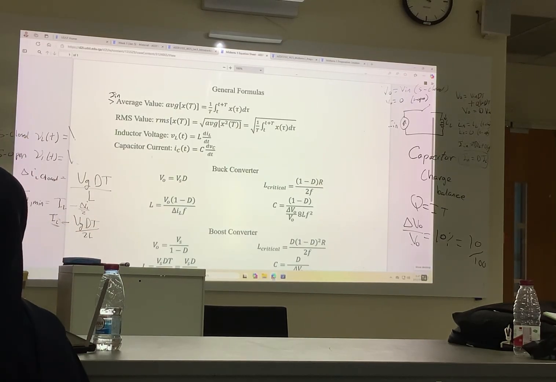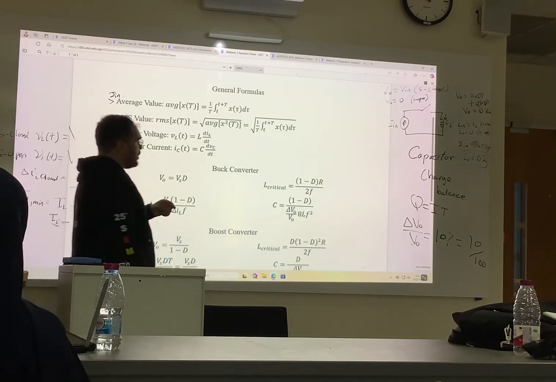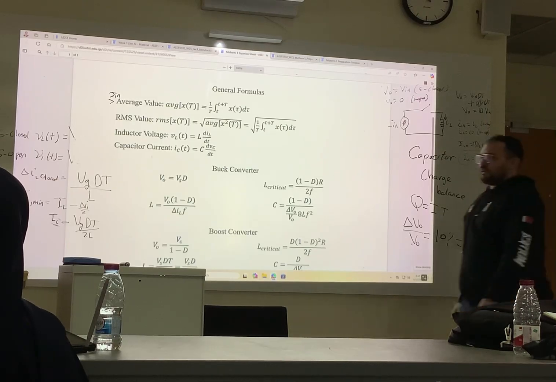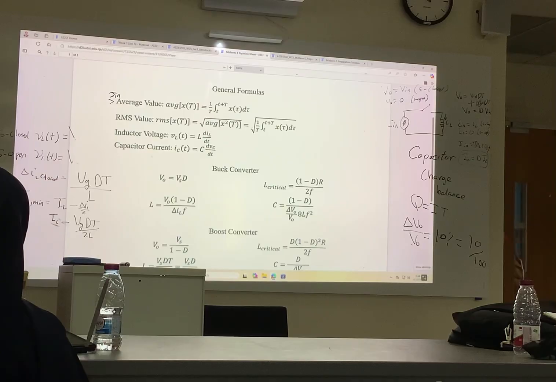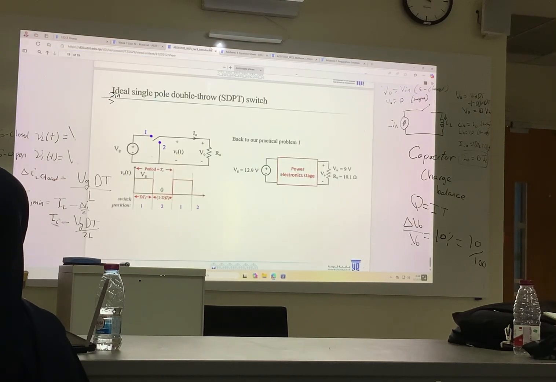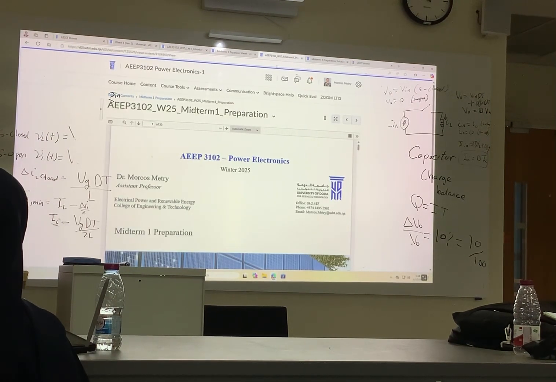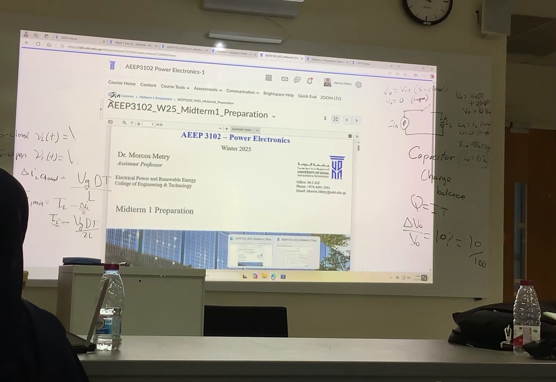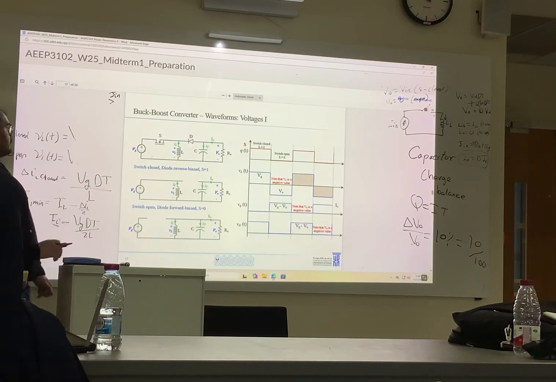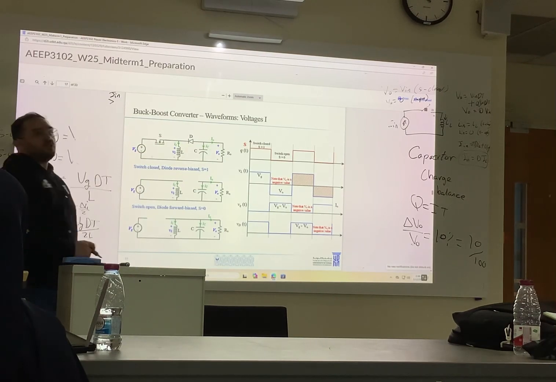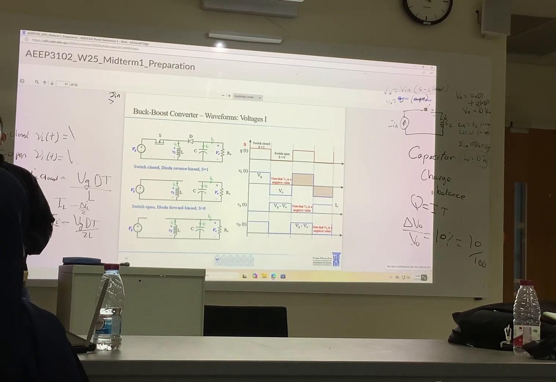Now what about this IL? One thing that can become very useful is this relationship: In equals D IL. How is this useful? So let's open the waveform again. All DC-DC converters, you can think of them as DC transformers.